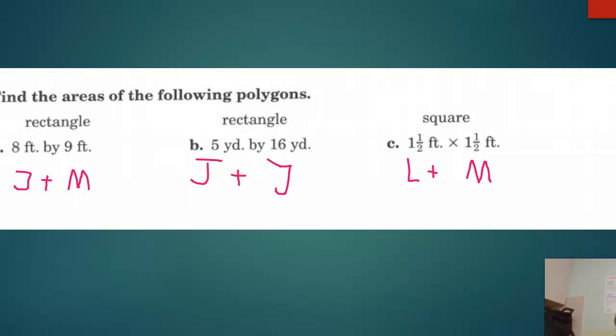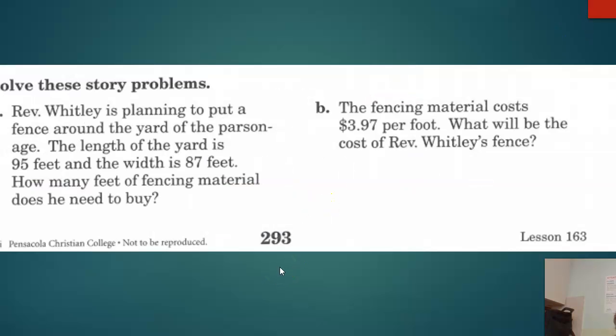For C, we would have done 3 halves times 3 halves, which would have equaled 9/4, which would have given us an improper fraction. So we would have had to divide, and we should have gotten 2 1/4 square feet. All right, so now let's go on to section 4, to the story problems.